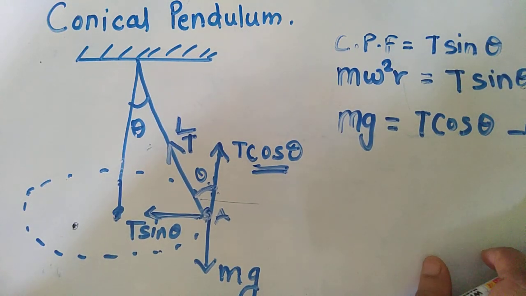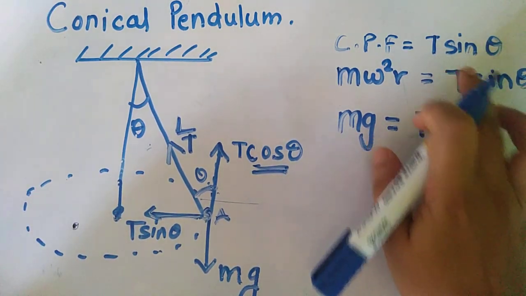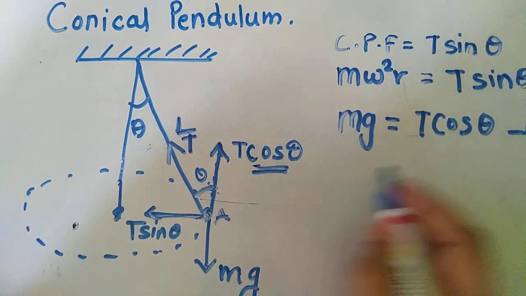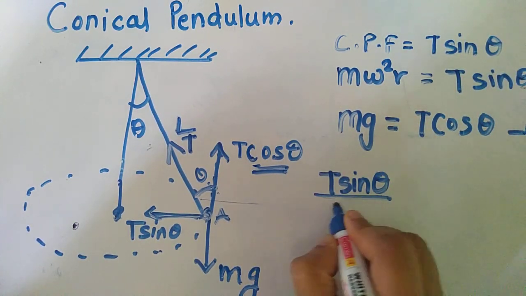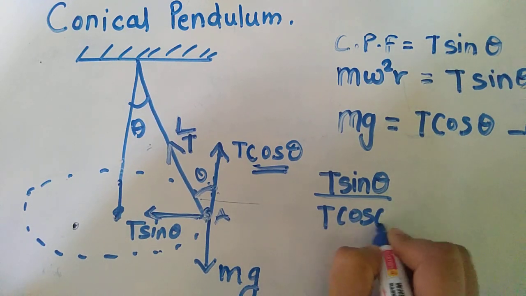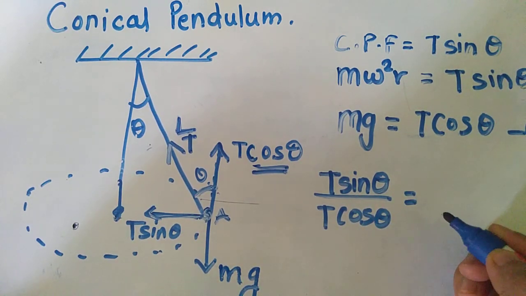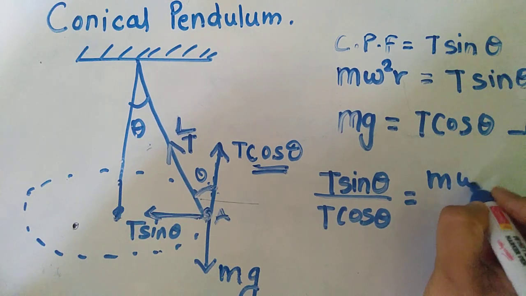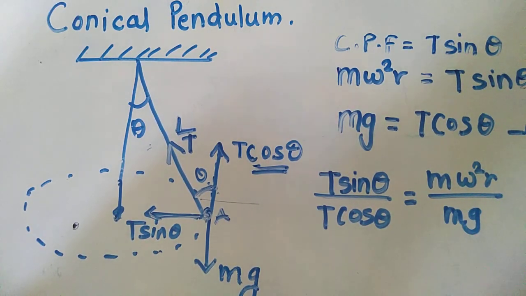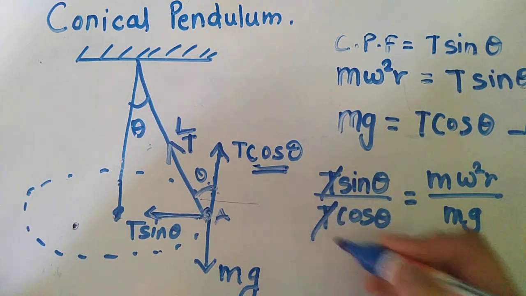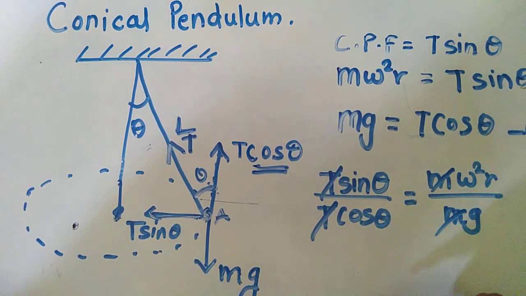Now take the ratio of 1 and 2. So it becomes T sin theta divided by T cos theta is equal to m omega square r divided by mg. T and T get cancelled, m and m get cancelled.